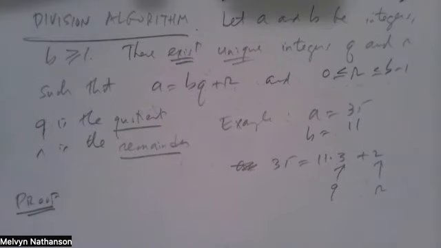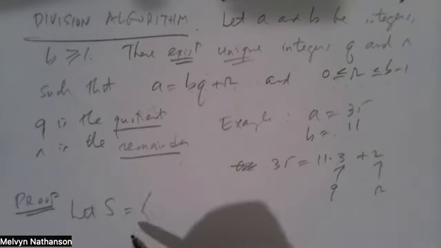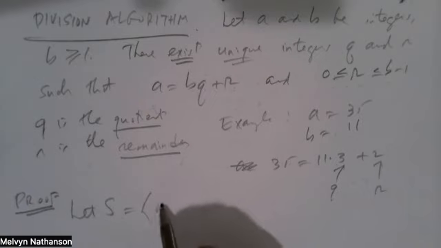Now, the only tool that I have to prove something is the minimum principle. That's what I started with. That's all I have. The minimum principle says a non-empty set of non-negative integers contains the smallest element. So I need to look for a non-empty set of non-negative integers. So I'm going to define a set S to be the set of all numbers of the form A minus BQ.